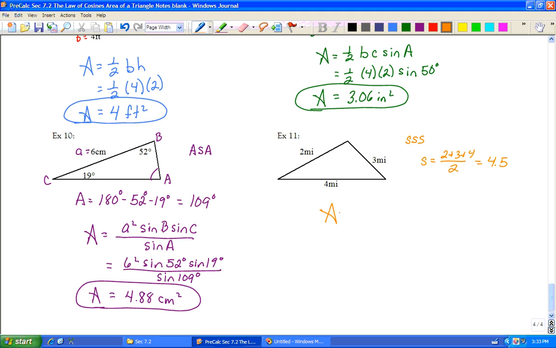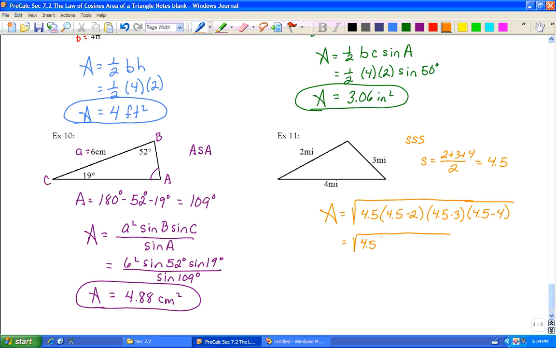We substitute into our area formula. So we're going to have the square root of 4.5 times 4.5 minus 2 times 4.5 minus 3 times 4.5 minus 4. And I'm going to show the in-between step here so we make sure we have all the right numbers.